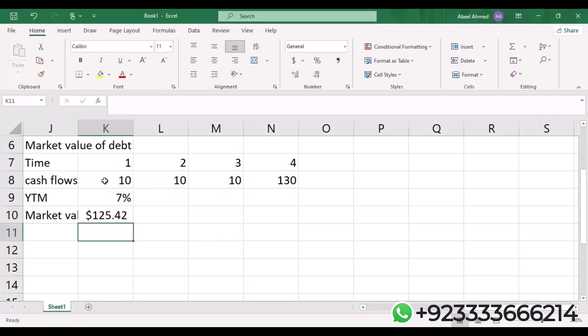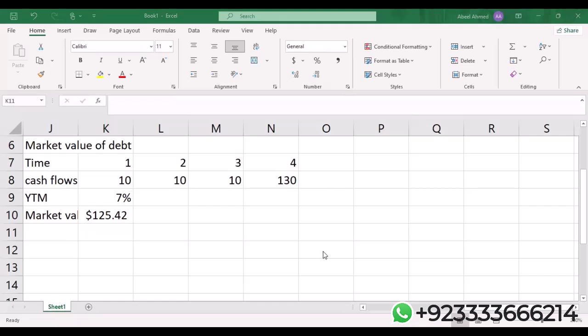Students, I'm getting 125.42. I'm getting the market value. I hope this shortcut is clear to everyone. Yes or no, please quickly reply. Yes, it is clear. That's great.